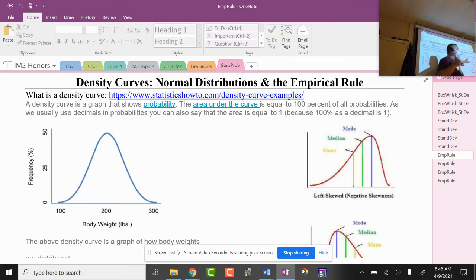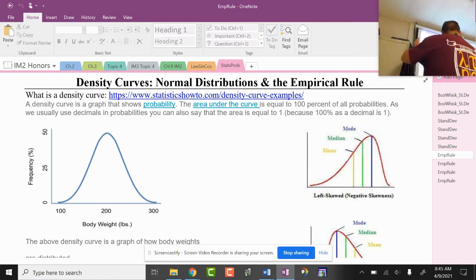So that's why the area under this curve is equal to 100% or 1. To change that to a working number, you move the decimal 2 places to the left. So that's what that says up at the top.